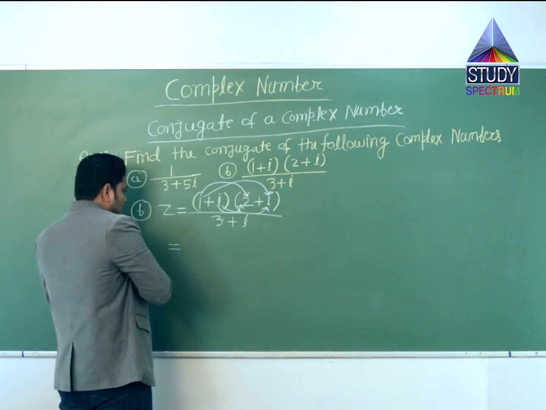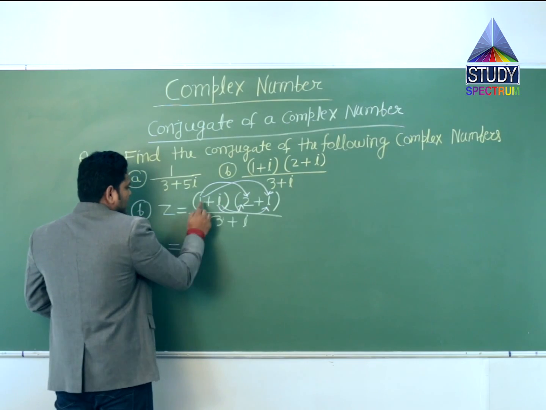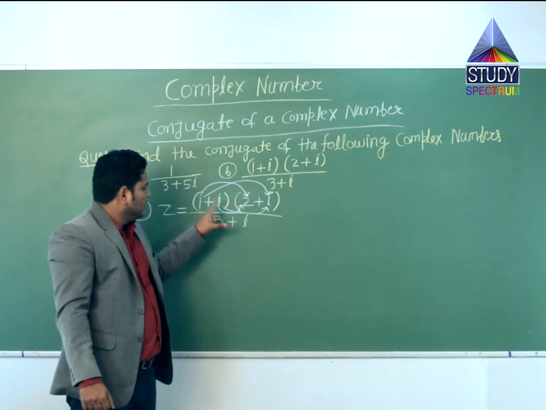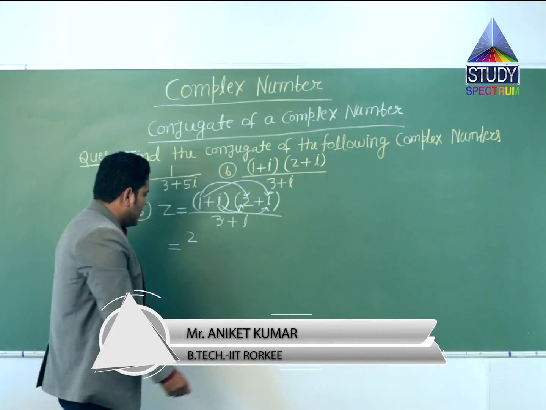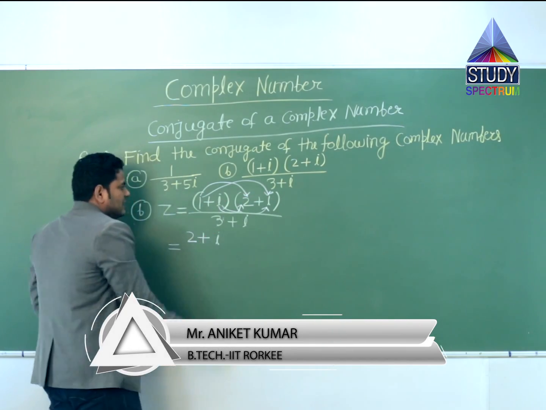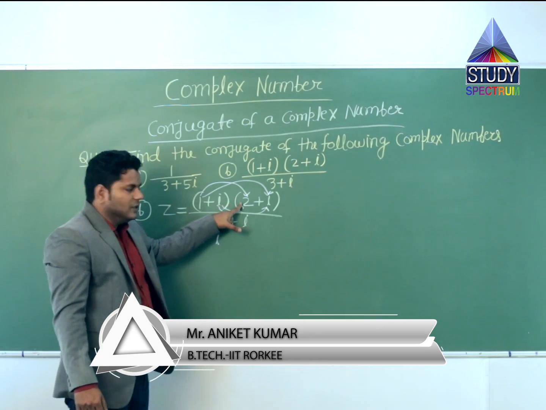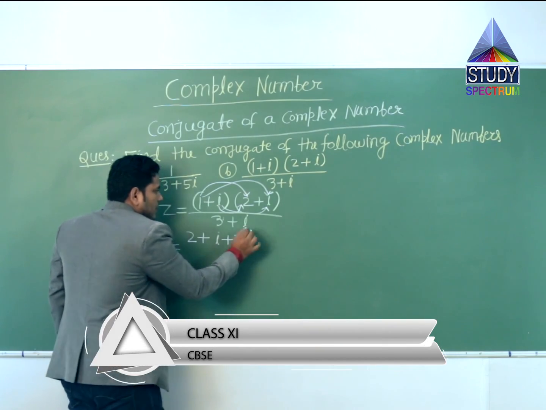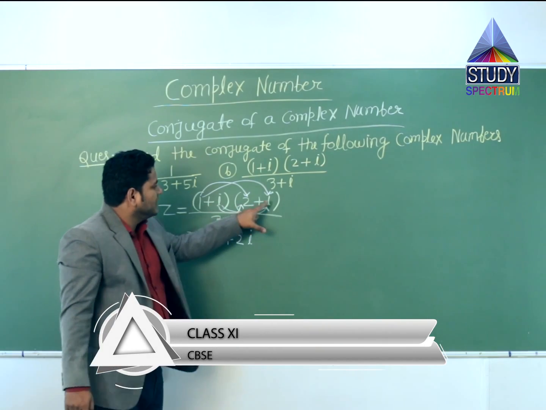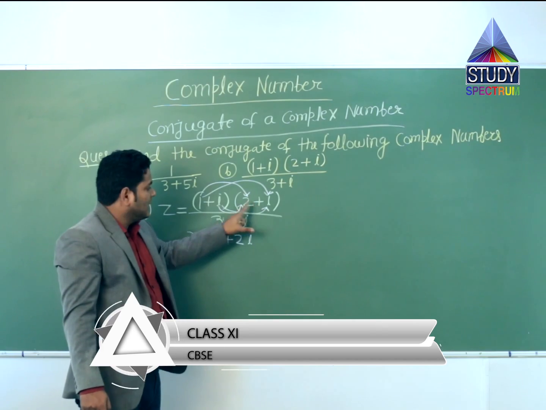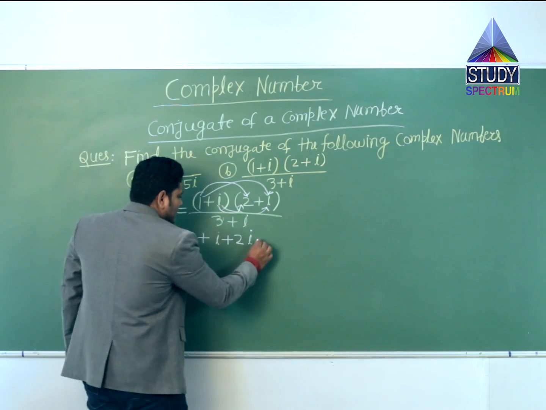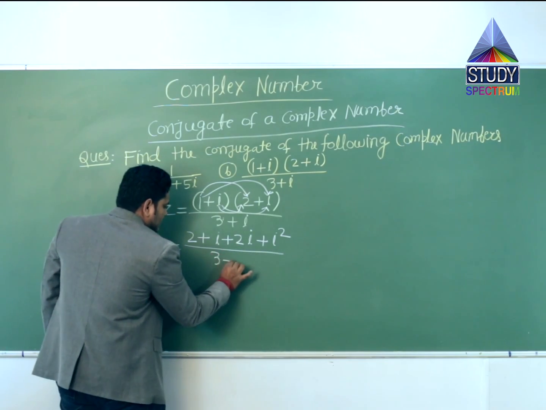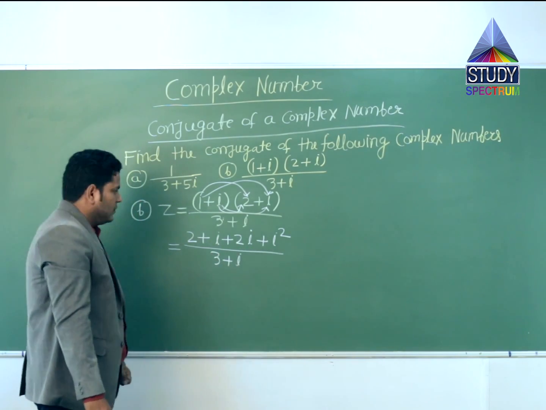So 1 into 2 is 2, plus 1 into plus i is i, so we'll put right here i, plus i into plus 2 is 2i, plus i into plus i is i square, upon 3 plus i.